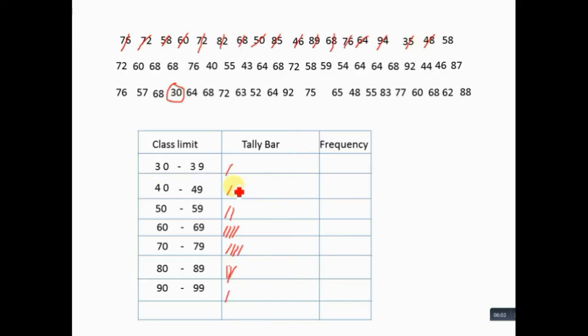But keep one thing in your mind, that every fifth tally bar will be placed over the existing 4 tally bars in the respective classes, so that one can easily count the number of tally bars for that class.